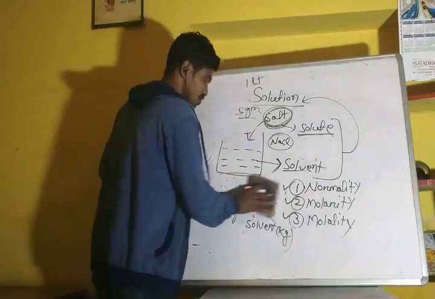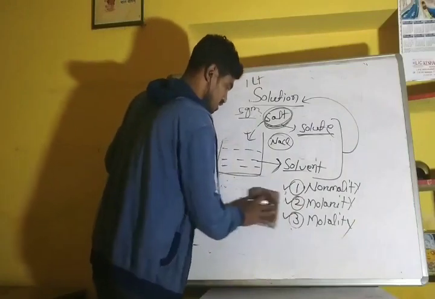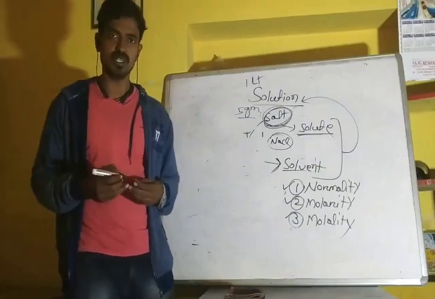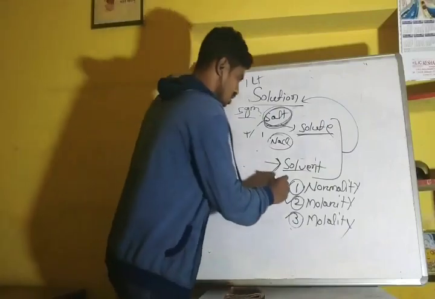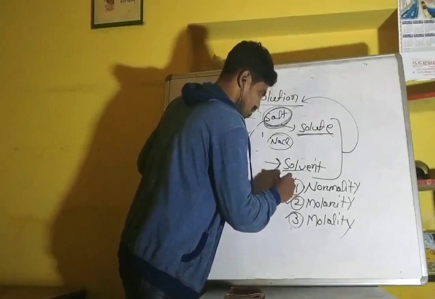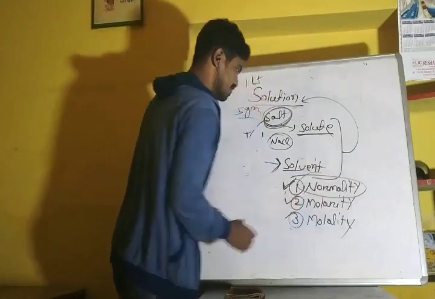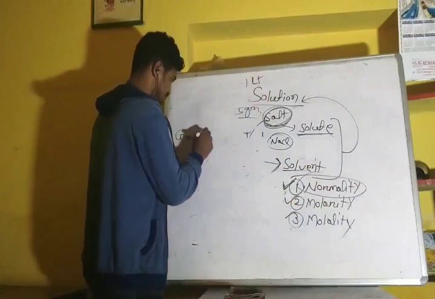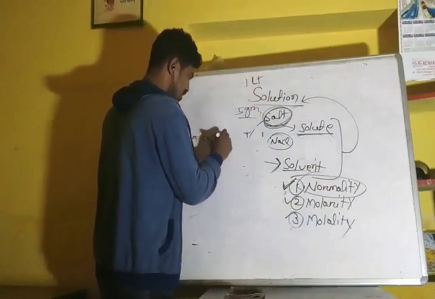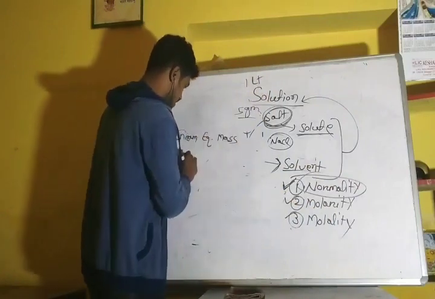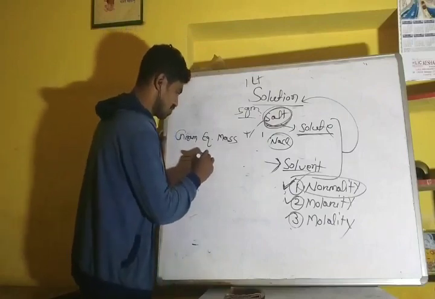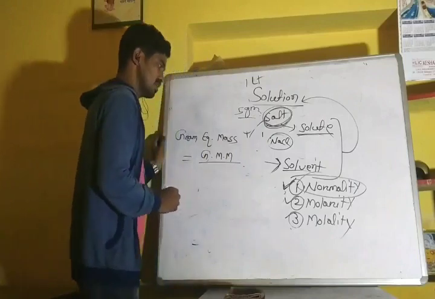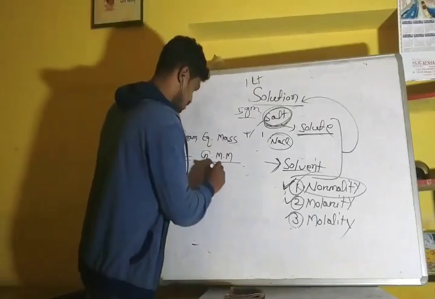I have told how to find these, now we will discuss how to find the gram equivalent weight, by which we will be able to find the value of normality. Gram equivalent mass is equal to gram molecular mass by the VF factor.